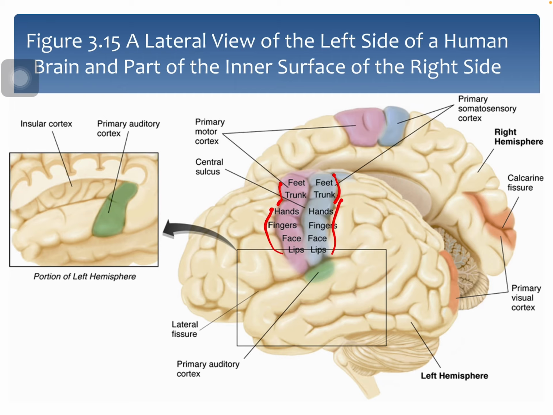Remember, for each of the left and the right, you have a strip that goes along. So you might find that if a person has damage specifically right here on their left hemisphere, they have difficulty moving their hands. They might have difficulty picking something up. They might have difficulty feeling. They might have lost some sensation in their hand and may not be able to use it like they normally would.